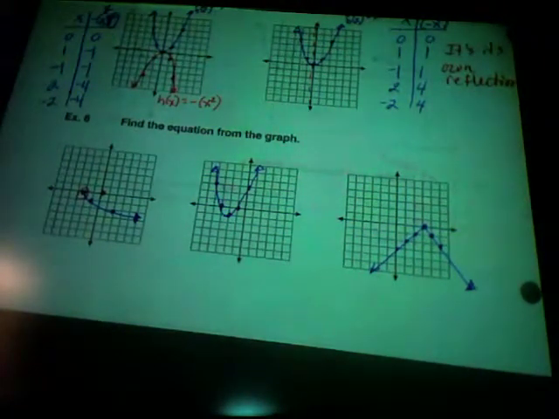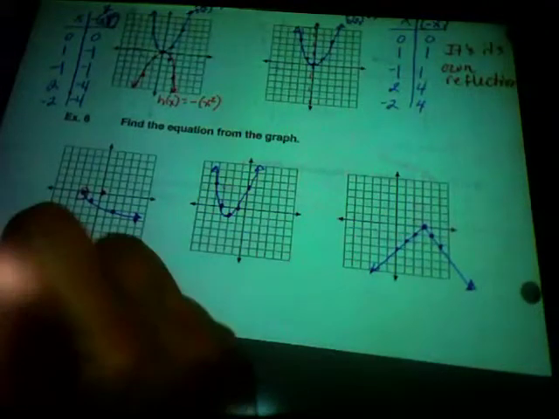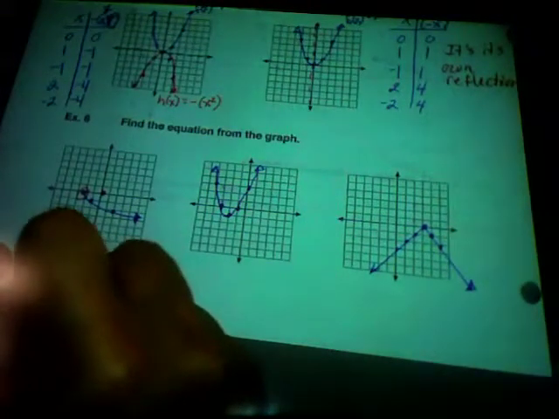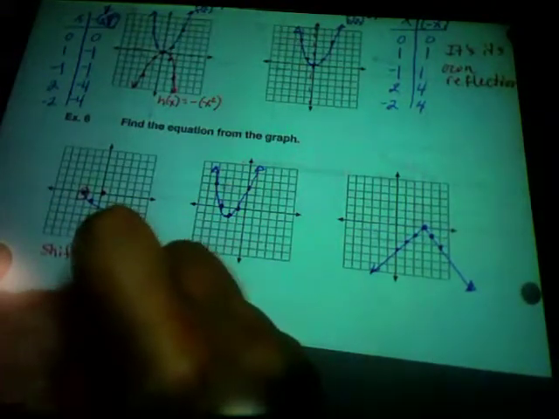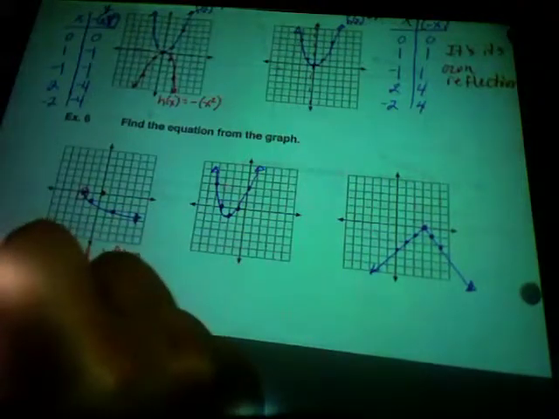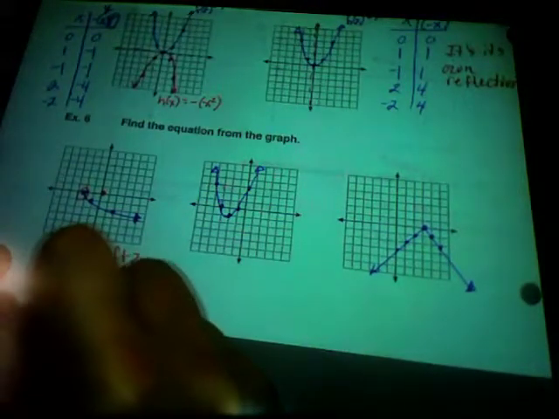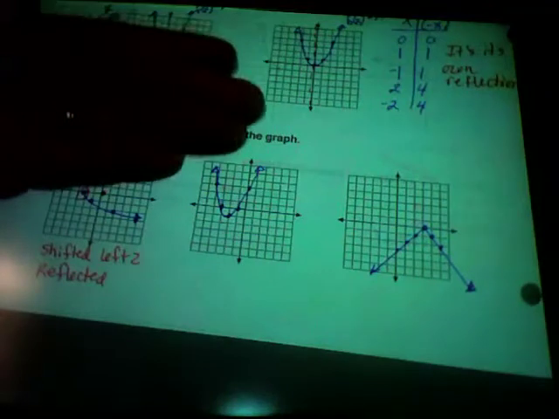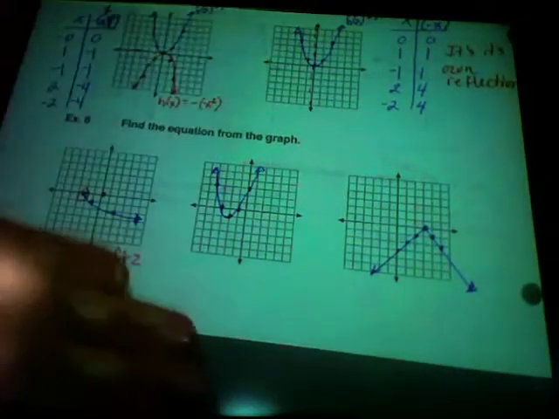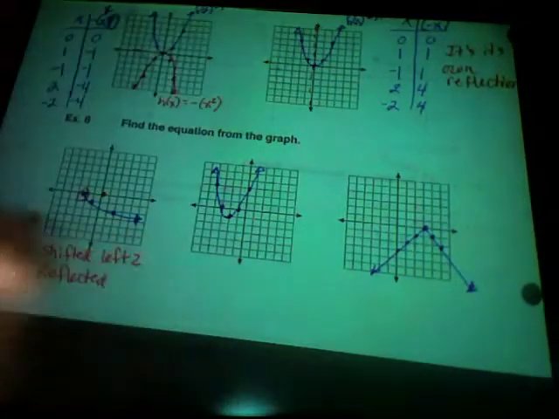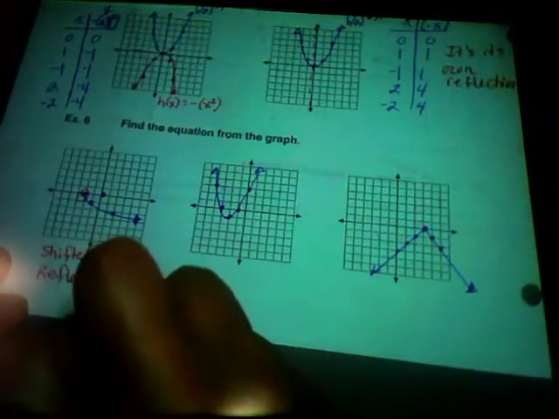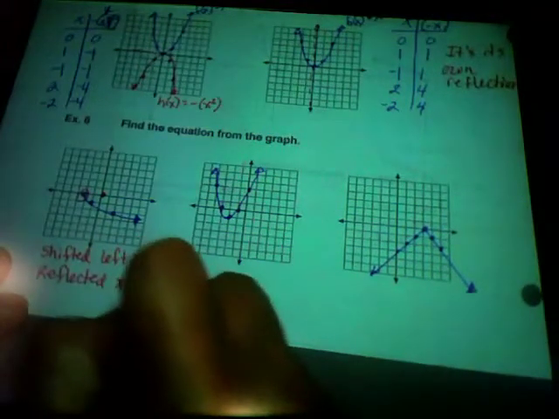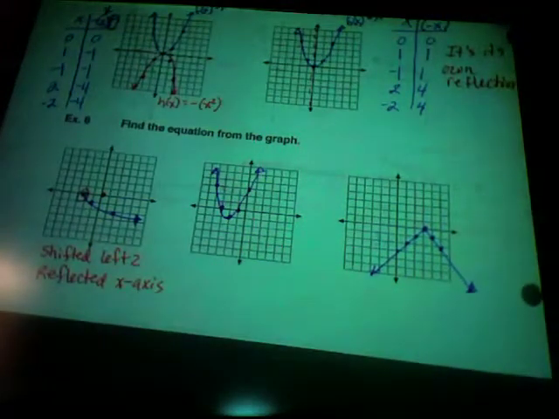Tell me the shifts that have occurred. So it shifted left 2 and it reflected, right? So it was up here, wasn't it? And it reflected this way. So if it reflects over the x-axis, I would state, first of all, what shifts occur.